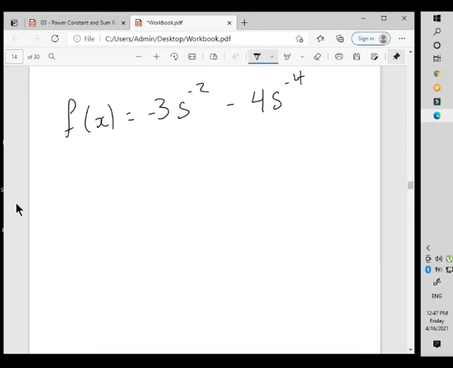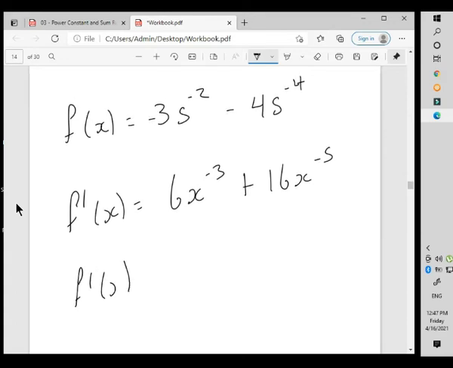I won't be spending too much time here. So f prime, 6x to the minus 3 plus 16x to the minus 5. So my answer, I'm writing x, it should be s.